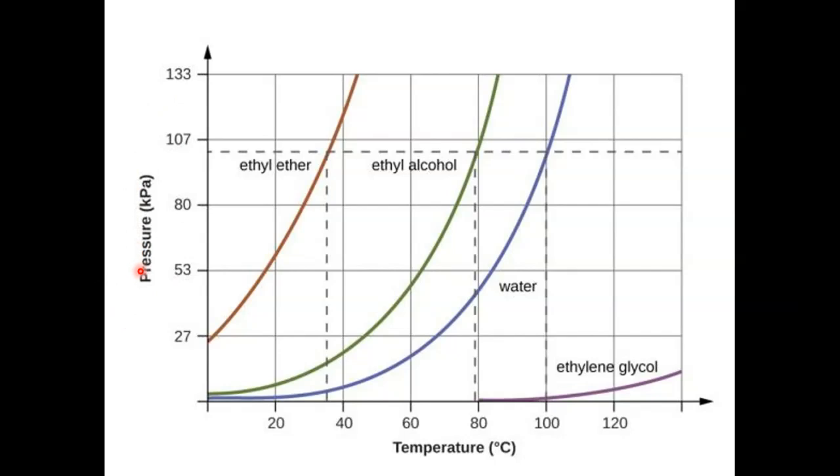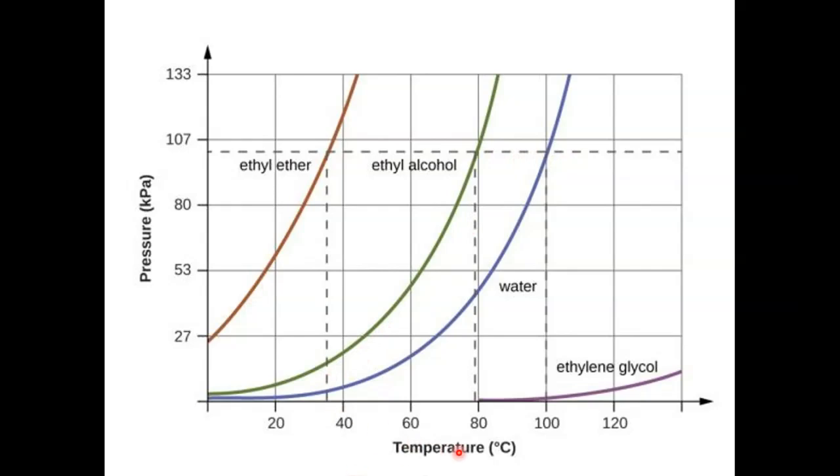What am I measuring the pressure of? This would be the atmospheric pressure. In what unit? Kilopascals. So what is normal pressure in kilopascals? 101.3, guys. That's this horizontal dotted line right here. That's the normal. 101.3. Y'all see that?